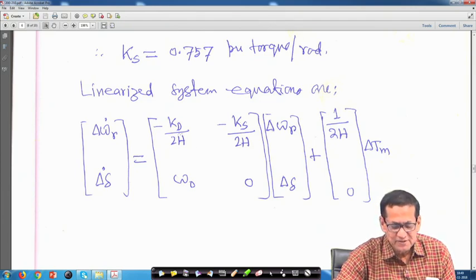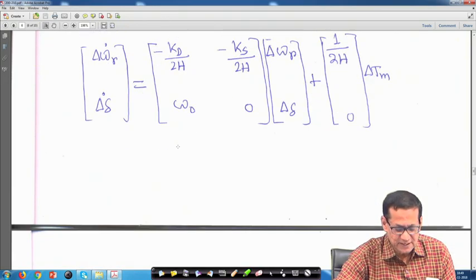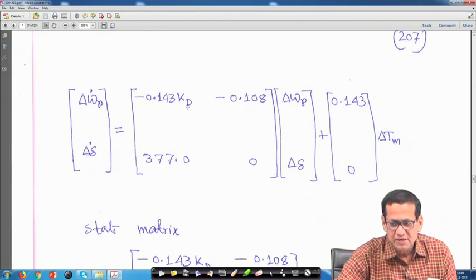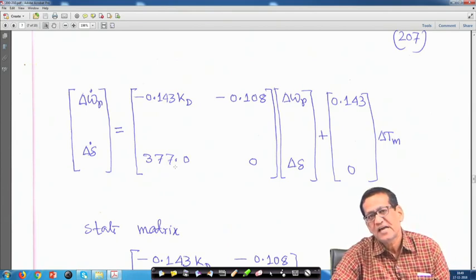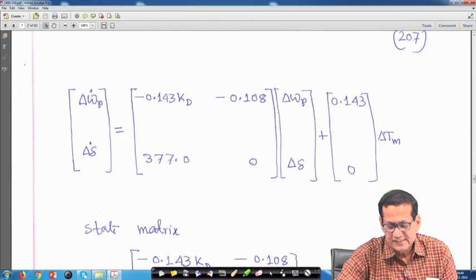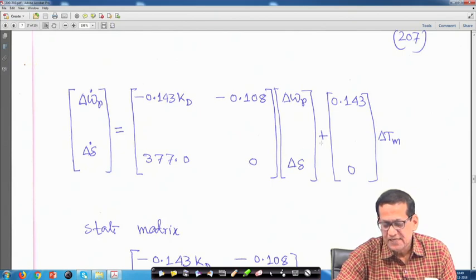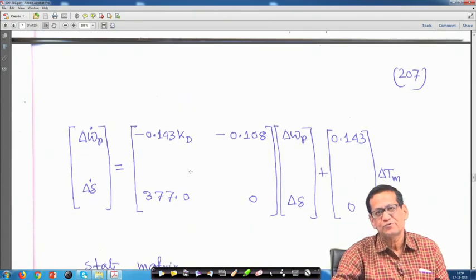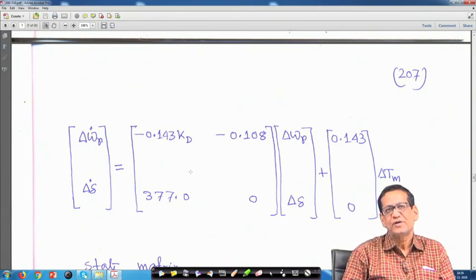All these values you substitute here, and if you do so, delta omega dot, delta delta dot will be minus 0.143 k d, minus 0.108, this is 377, 2 pi f, where f is 60 hertz, right, and 0, times delta omega, delta delta, plus 0.143, 0, and delta T m, right. So, this is actually the state matrix, it is 2 by 2, the simplest system. Thank you very much, we will be back.